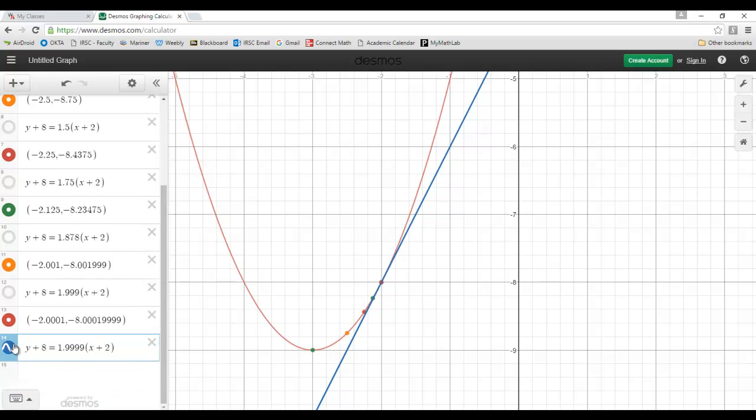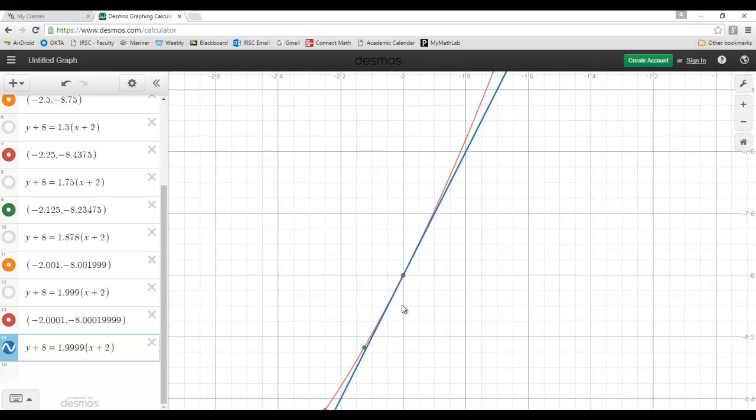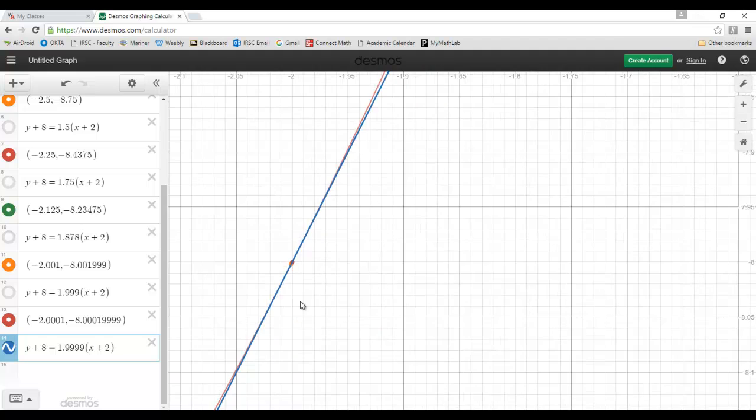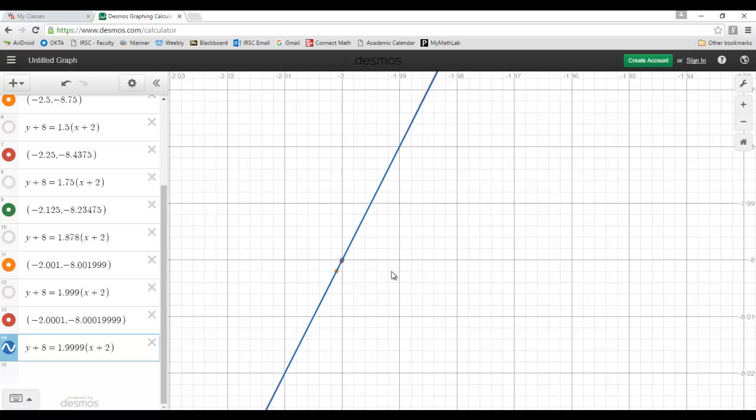And there is our sixth tangent line. See here the progression of points? The points were getting closer and closer to our point in question, when in fact the last point I examined was so close that you couldn't even tell a difference. And notice here, if I keep zooming in, see how close it is?